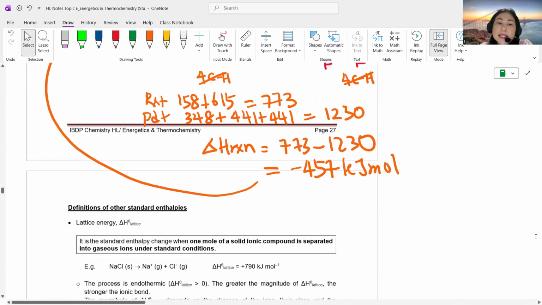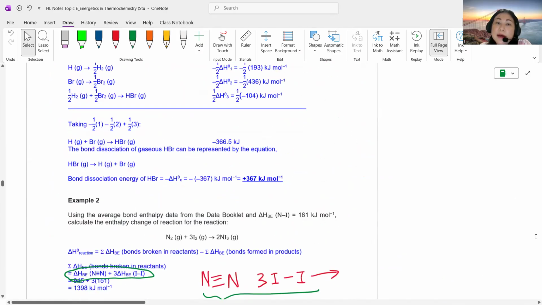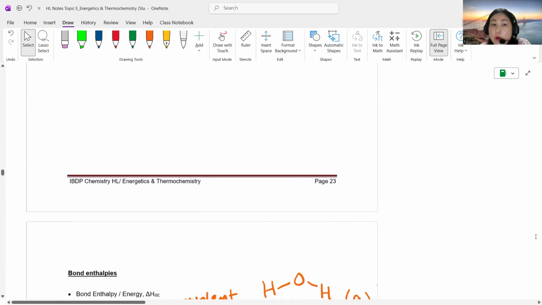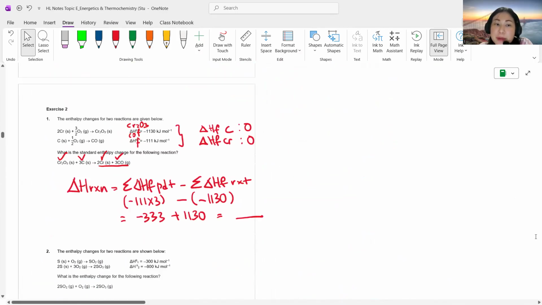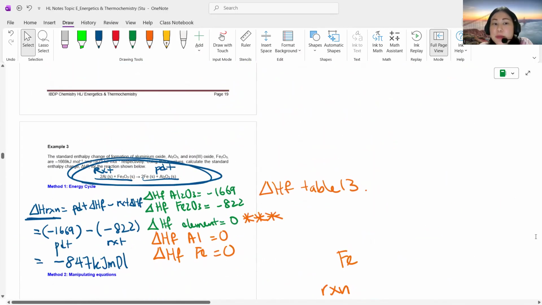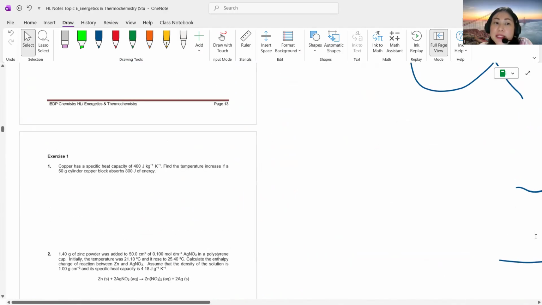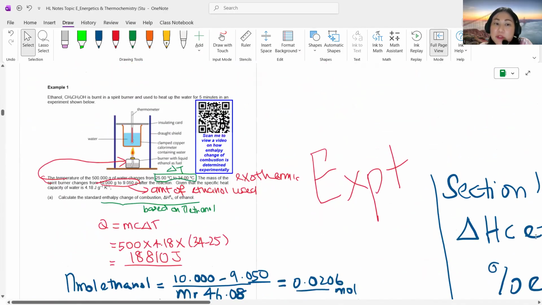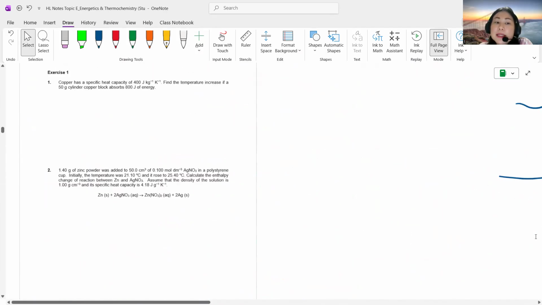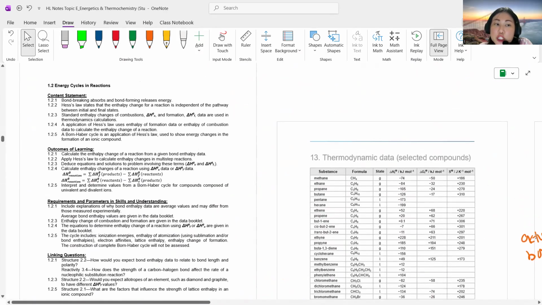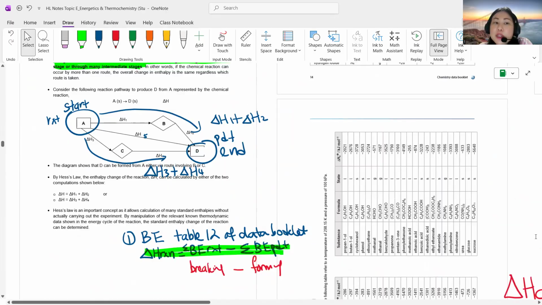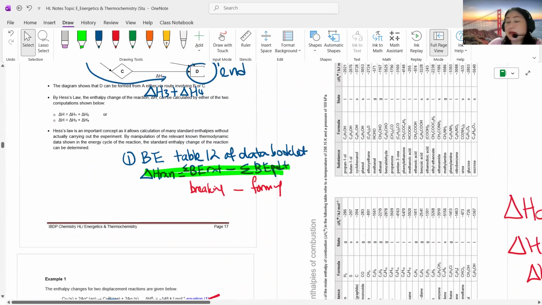All right, so these are the few methods to find enthalpy change of covalent compound that is not experimental based. So experiment based will be calorimetry, which will be this part here, the earlier part of the notes. All right, but the enthalpy change calculation by no experiment will be the 5 methods.